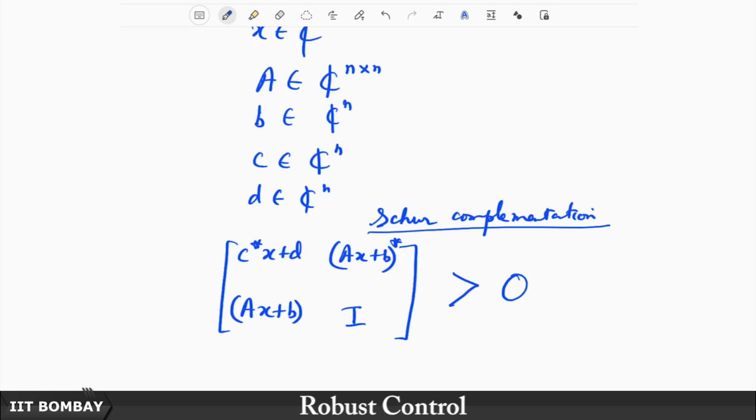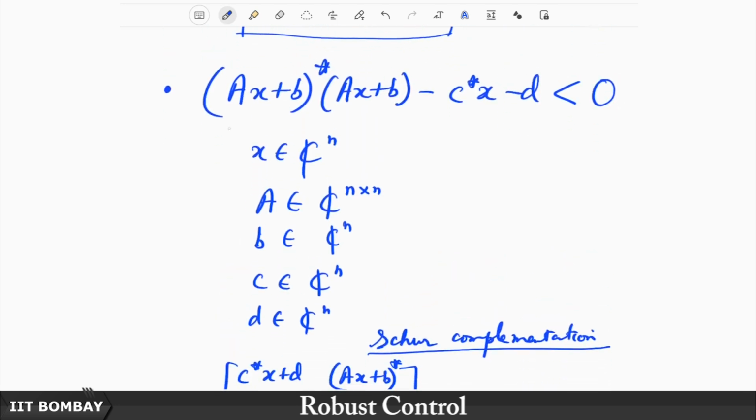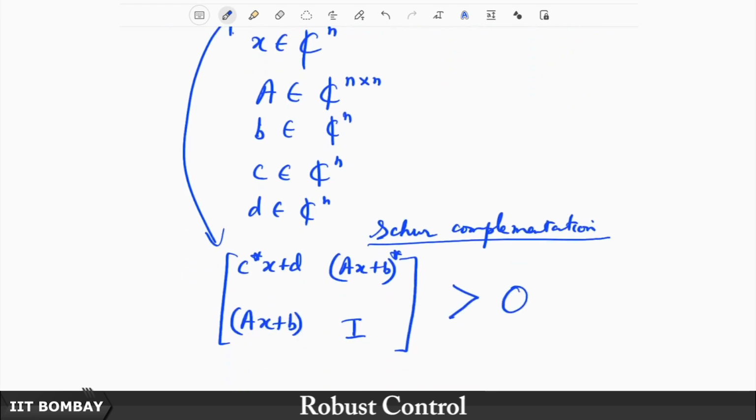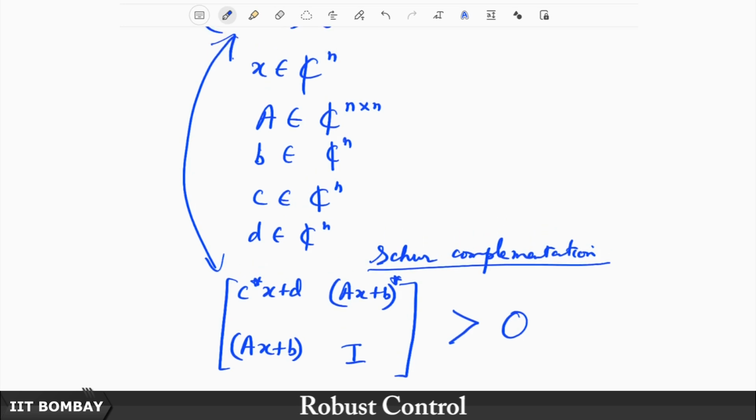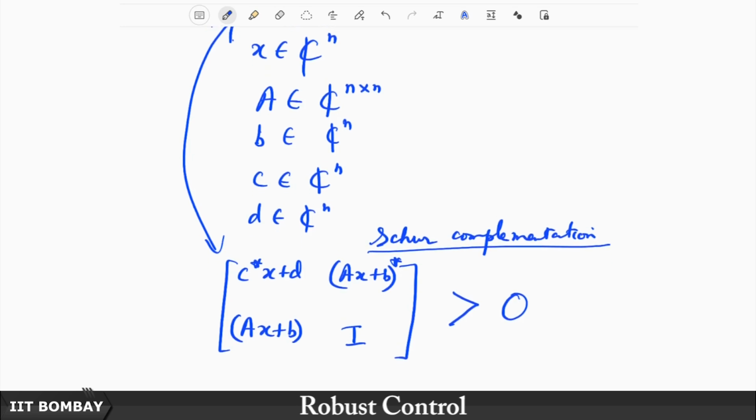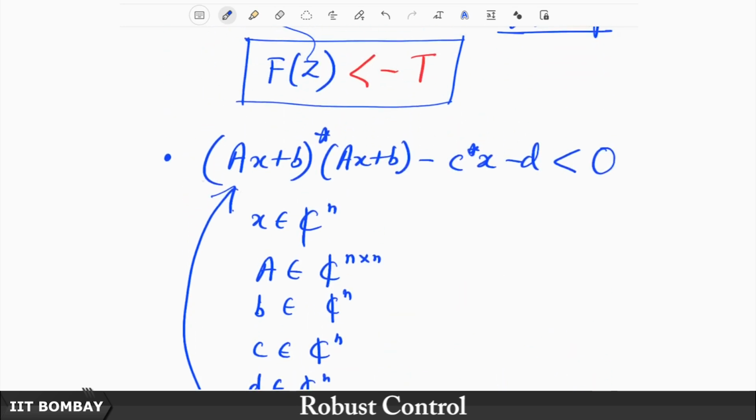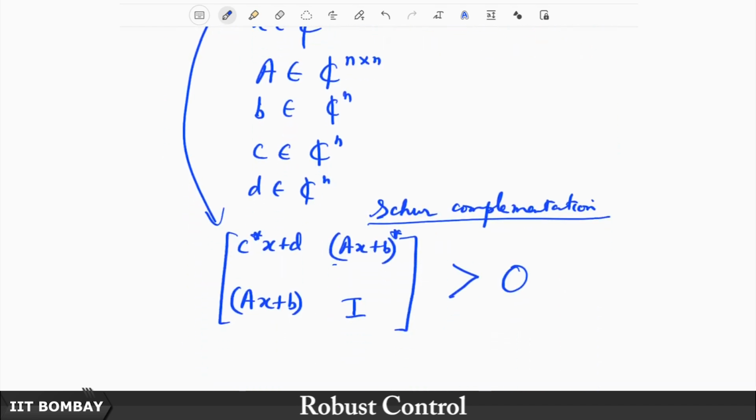So I am claiming that what I have written here is actually equivalent to this inequality, and this inequality is nothing but an LMI, alright. That is precisely the point that I am trying to make here, that this by no means looks like an LMI, it is a quadratic in x, but now this one is basically affine in x, and why is this equivalent? Just apply the Schur complement.